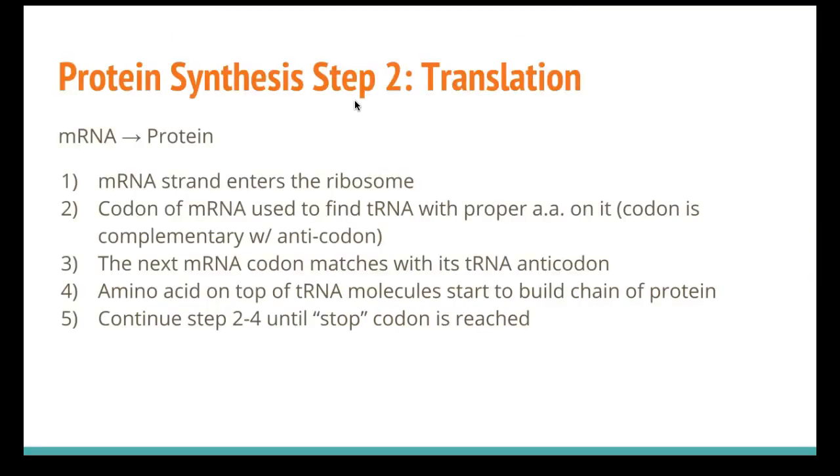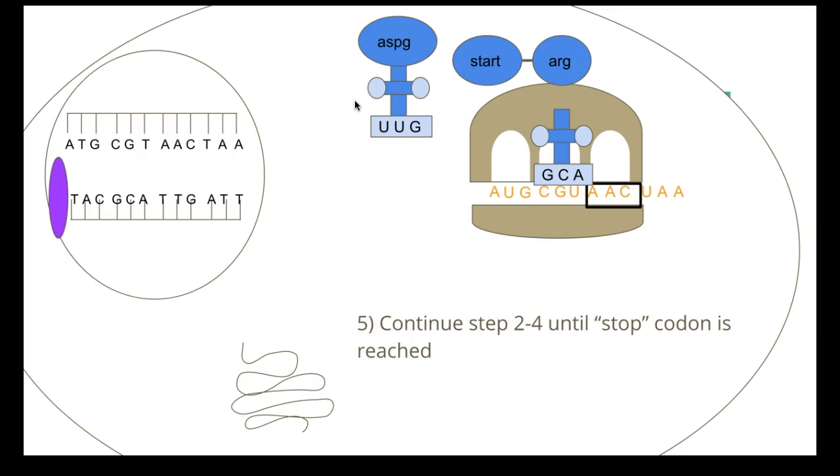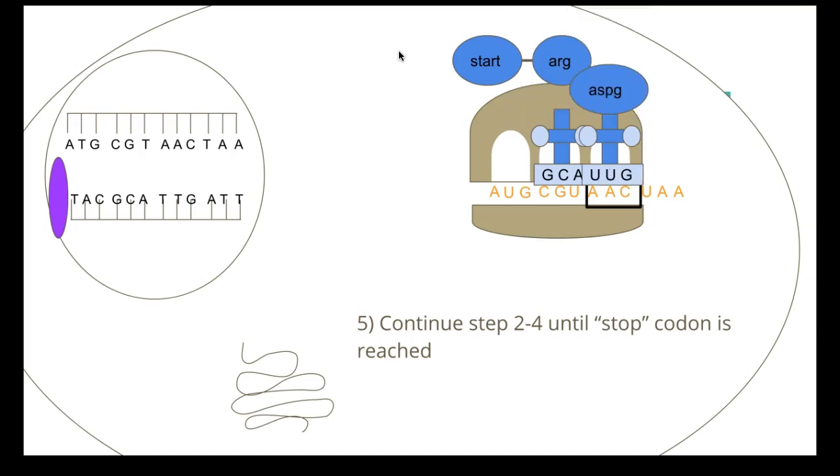And then we're basically just going to keep doing that until we reach a stop codon. So in this one, we have a really short little piece of DNA, so we'll reach the stop codon fairly soon. Okay, so the next piece of mRNA says AAC. Our codon is AAC, which matches up with asparagine. So this asparagine on the tRNA is going to slip into our ribosome.